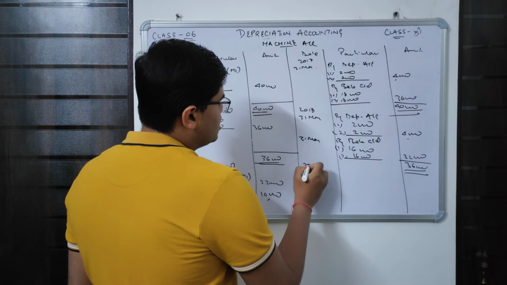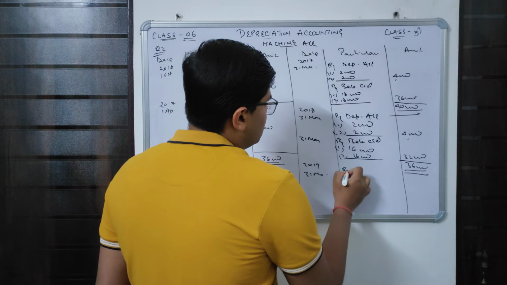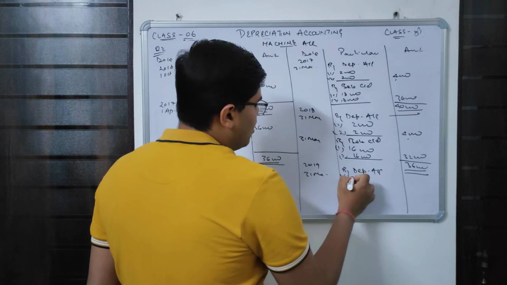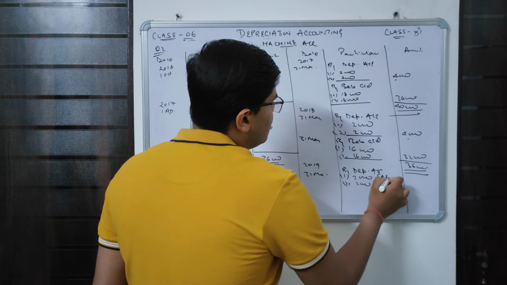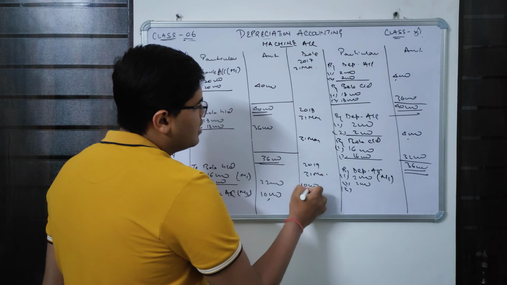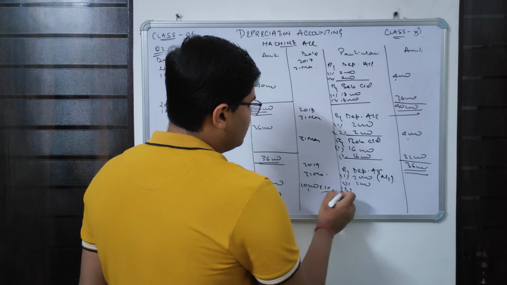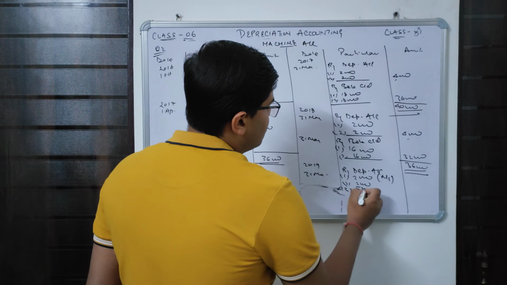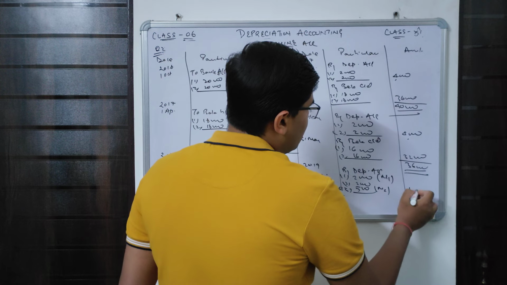Now the depreciation charge after 1 year, 2019, 31st March, by depreciation account: 2,000 for first, 2,000 for second, M1, and for the third machinery, 10,000 at 10%, and for 6 months it will be just 500. So 500 we get for the second machine, M2. So it will be 4,500.